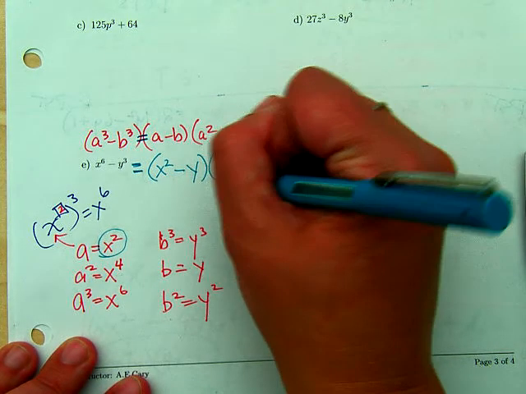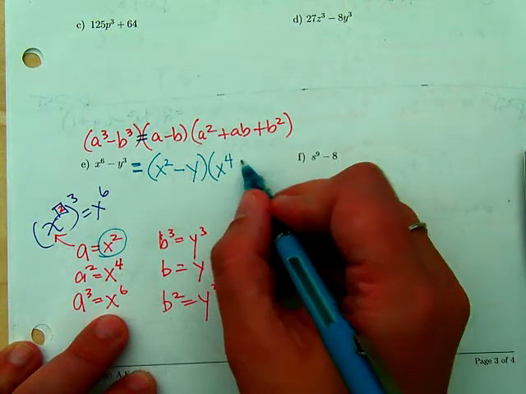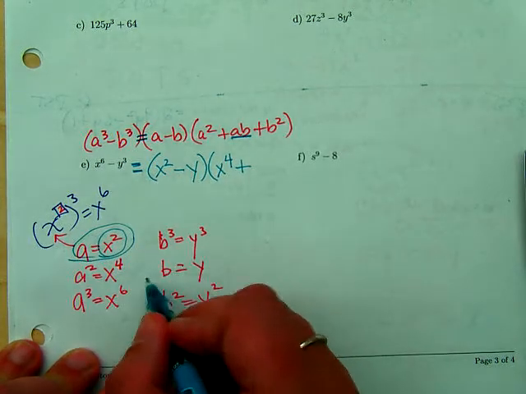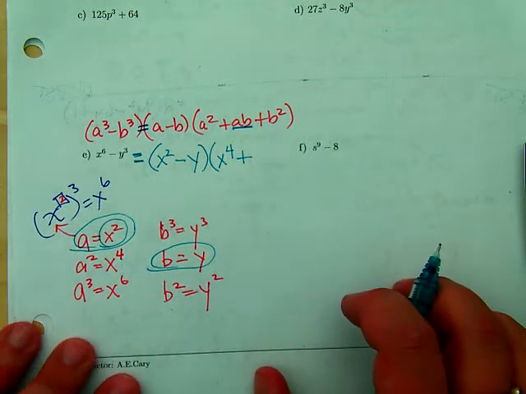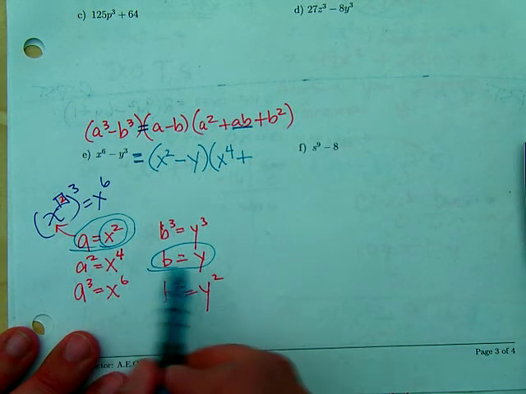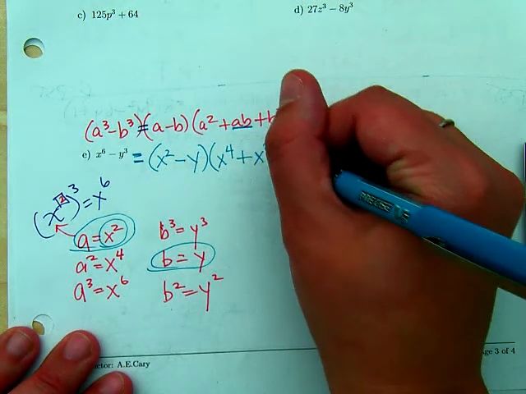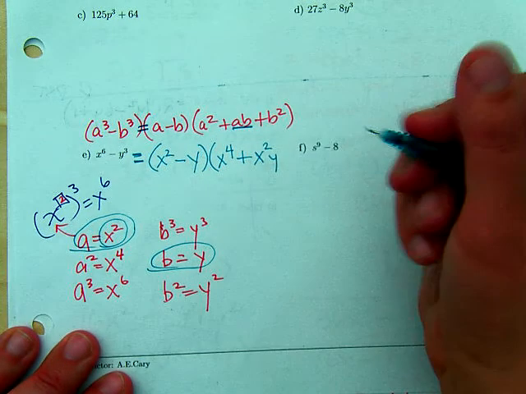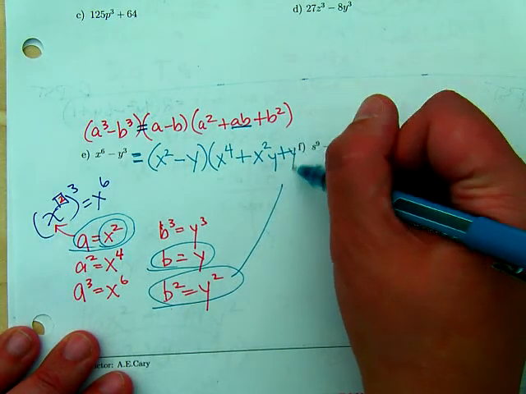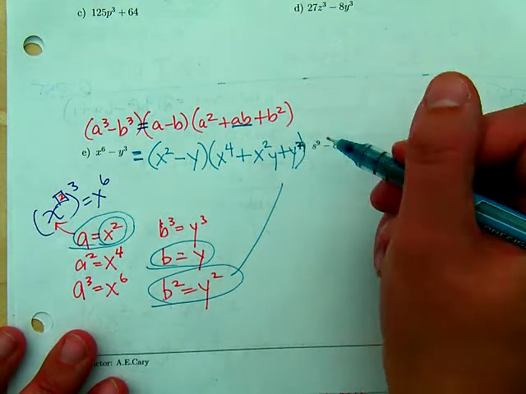And then A squared is going to be x to the 4th, plus AB. A times B is going to be x squared times y, and then plus B squared. B squared is y squared. Sorry, that ran into the other one. That's A squared right there.